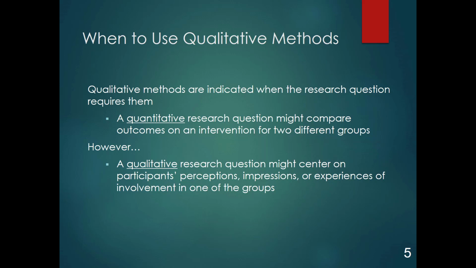In quantitative, we're comparing their outcomes on the intervention. However, in qualitative, we're looking more at their perceptions. How do they feel about the intervention, or what's their impression, or what are their experiences with the intervention? So we would just pick one of the groups and get more information on that one group.